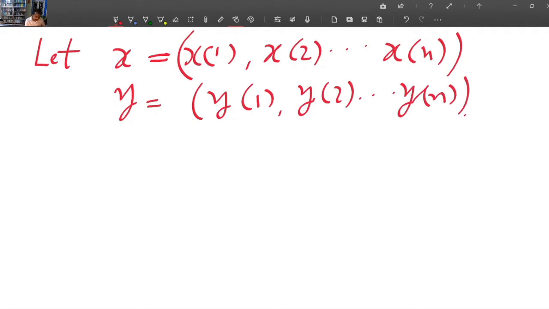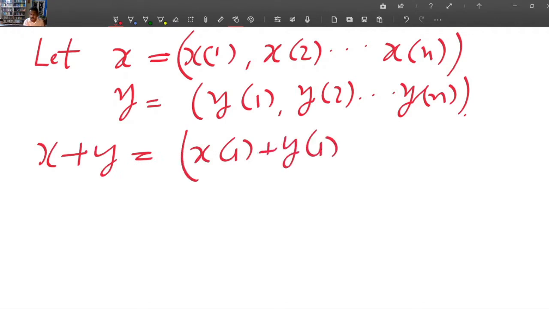You can define x plus y as component-wise addition, so this is x of 1 plus y of 1, etc., x of n plus y of n.